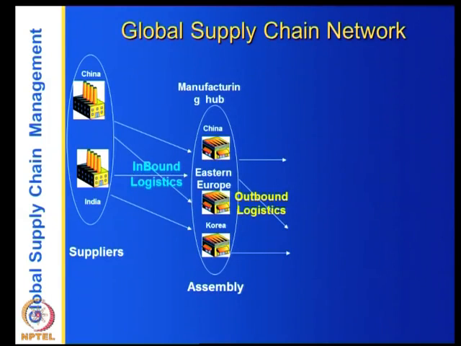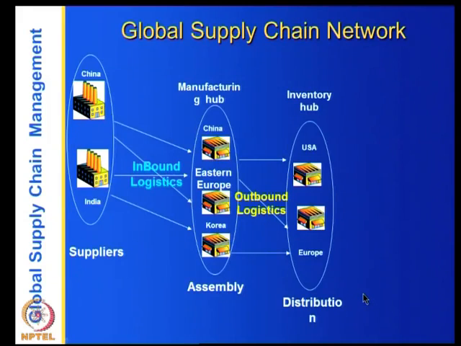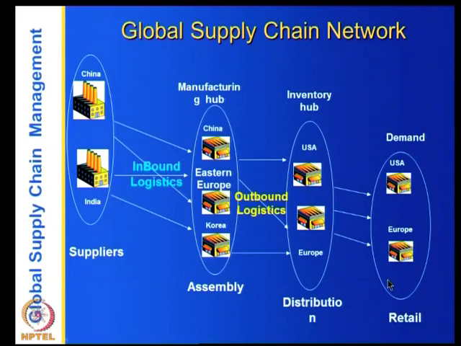The manufacturing hubs can be in China or Eastern Europe. Basically, in the manufacturing hubs, they assemble whatever they get from the suppliers, and then it goes to the inventory hub or the dealers or the distribution centers, and finally it goes to the retail. So the retail is the one that is in the US.